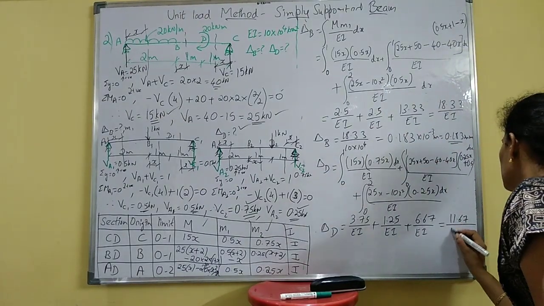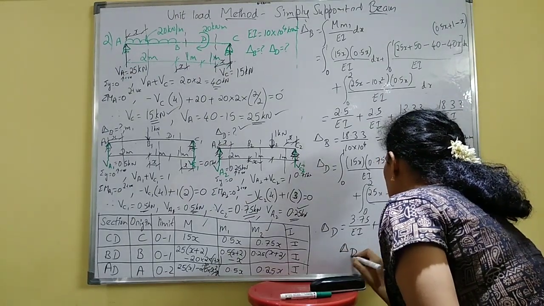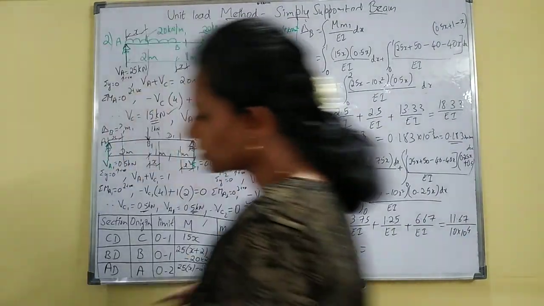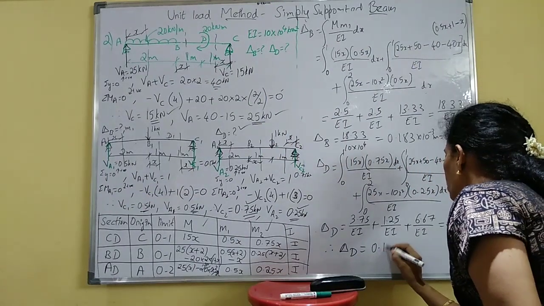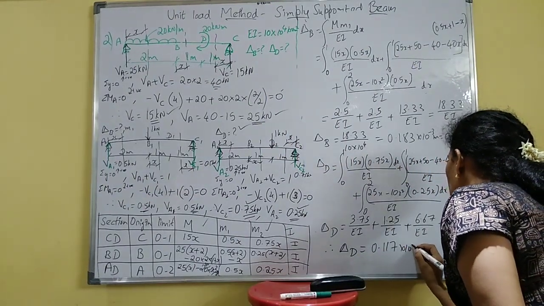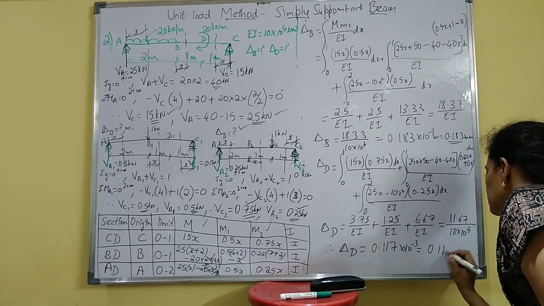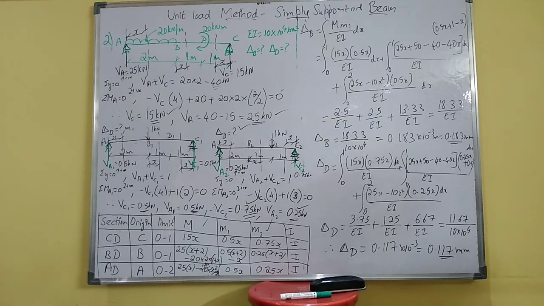EI is 10 into 10 power 4. So therefore delta D is equal to 0.117 into 10 power minus 3 meter, so this will be 0.117 millimeter.